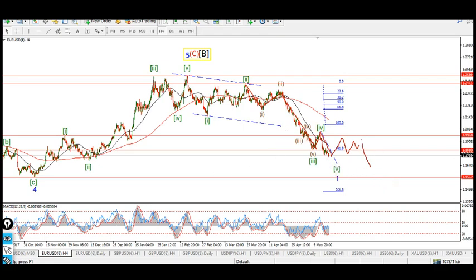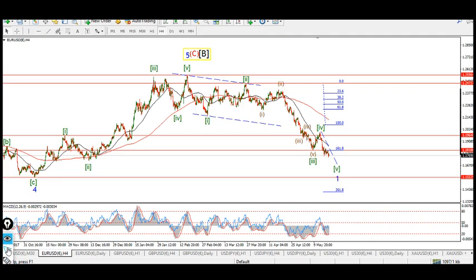This is all speculation at the moment, but it's something which is coming to light given the pattern that is unfolding before our eyes here in this wave 3 down.